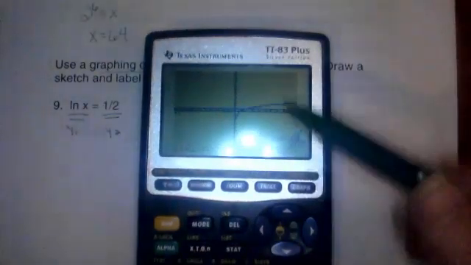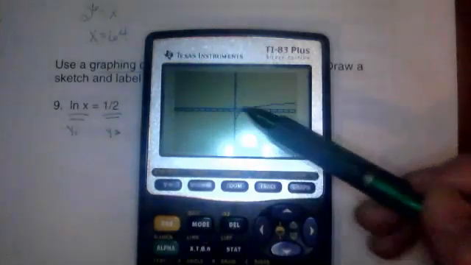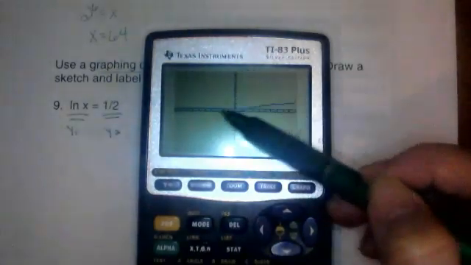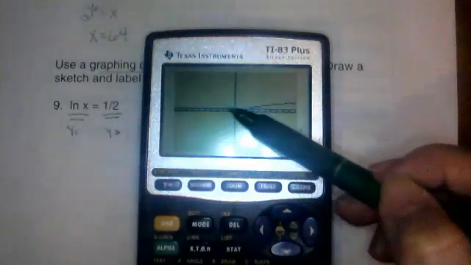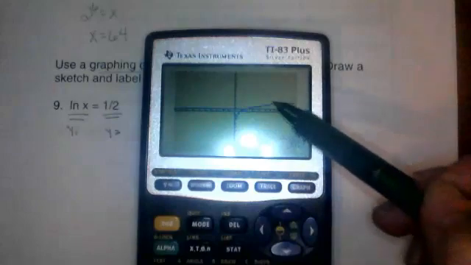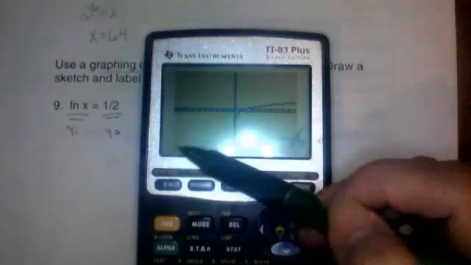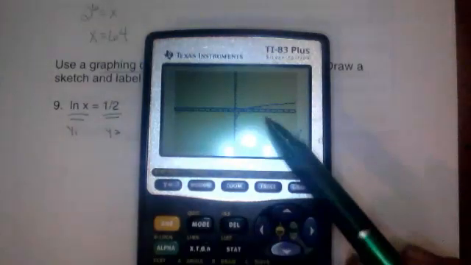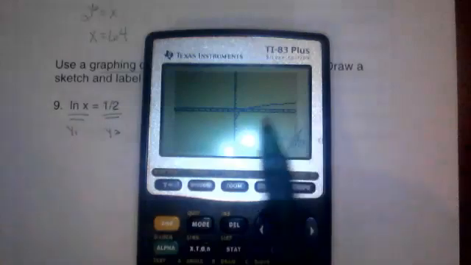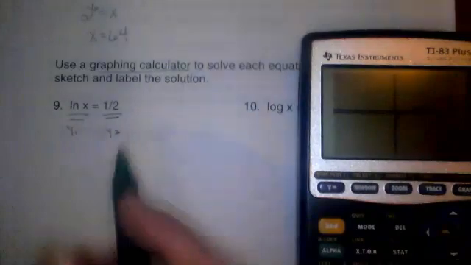So this curve here is ln of x. And you notice it looks a lot like the exponential function that we had. Remember, the exponential comes up this way, and here's my logarithm this way, and we know that exponents and logarithms are inverses, so they are symmetric across that line y equals x. So this is our first look at a logarithm. And then we have the line at 1/2. So we're just going to sketch that real quick.